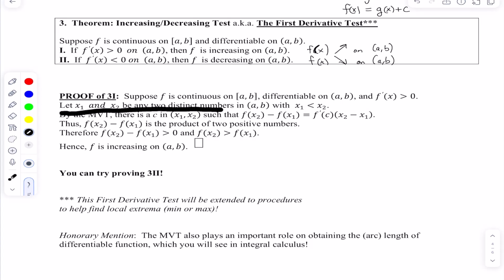Let x1 and x2 be any two distinct numbers in that open interval, with x1 being less than x2. By the mean value theorem, we can look at this smaller interval, okay? You can look at the smaller interval, meaning this interval here.